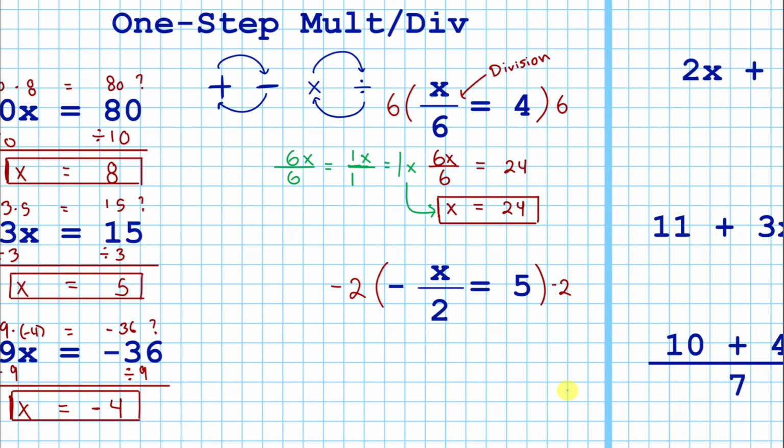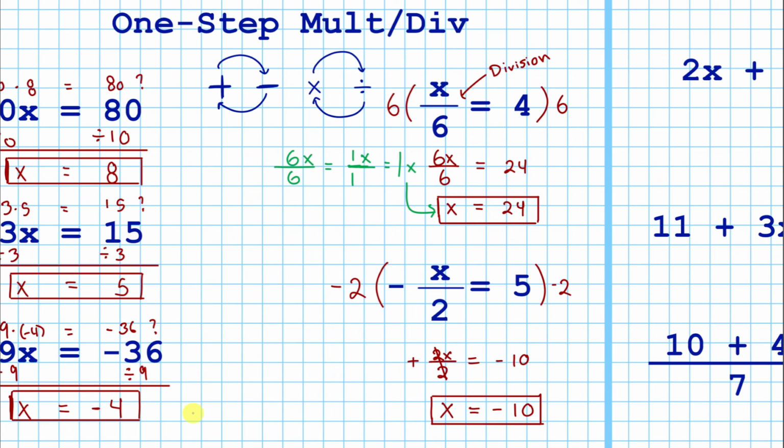So negative 2 times negative x over 2 becomes a positive 2x over 2. 5 times negative 2 equals negative 10. As discussed before, in 2x over 2, these essentially cancel each other out, and I'm left with just x equals negative 10. And that's my answer, folks.